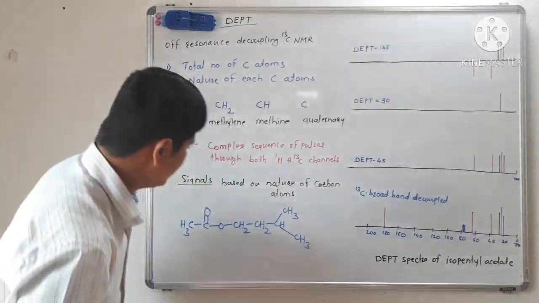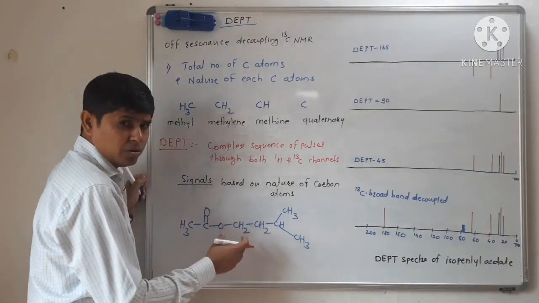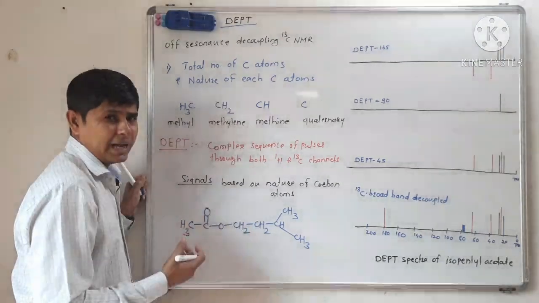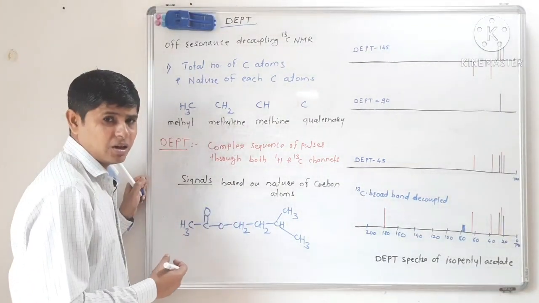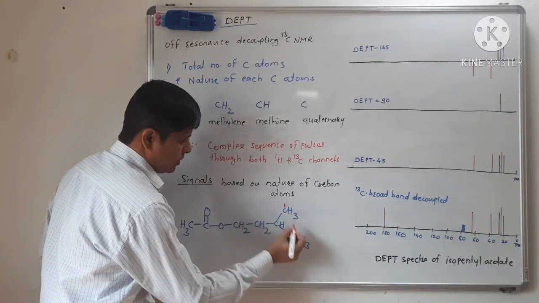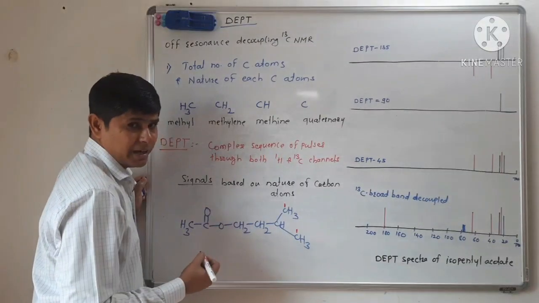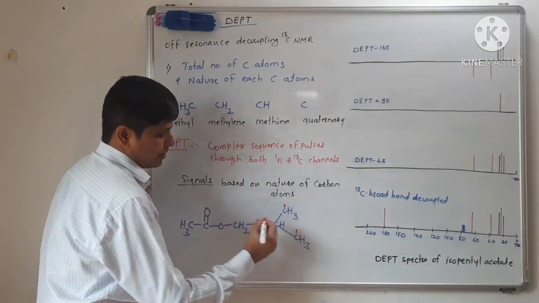Before that, I will number these carbons. Will you confirm how many different types of carbon atom are in this structure? Both these methyls are in the same chemical environment, so that will be one type of carbon atom.